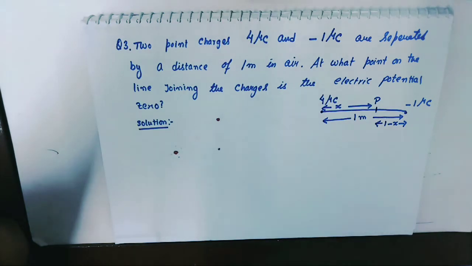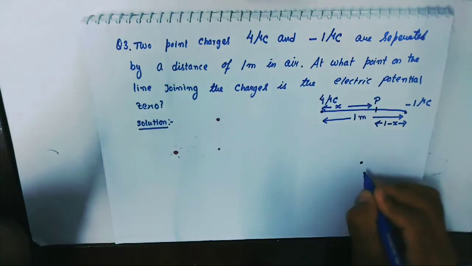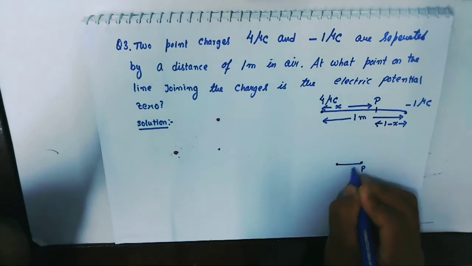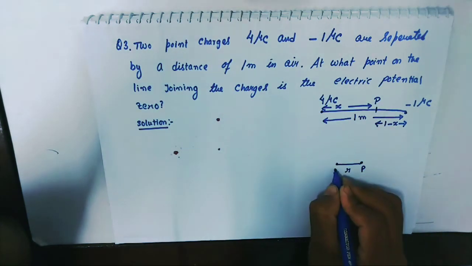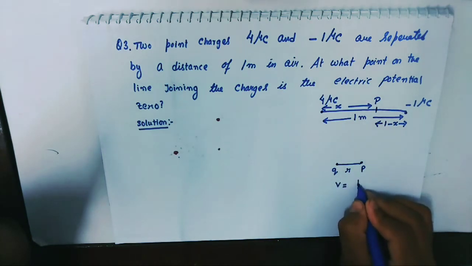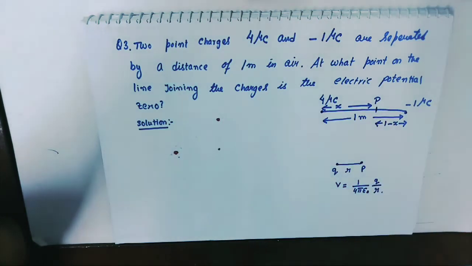We have also discussed that the potential at any point which is at a distance r from a charge q is given by V equal to 1 by 4 pi epsilon naught q divided by r.